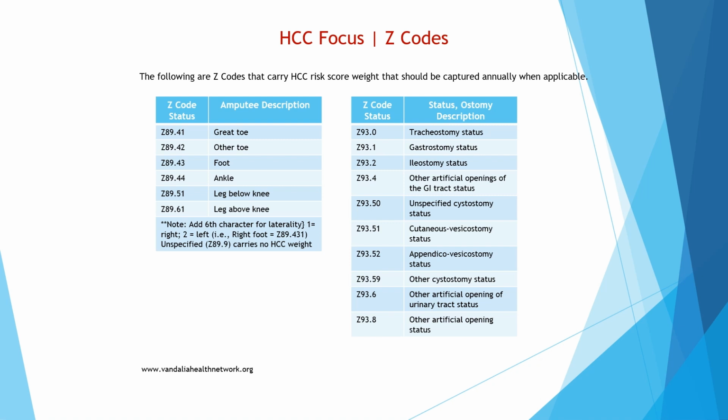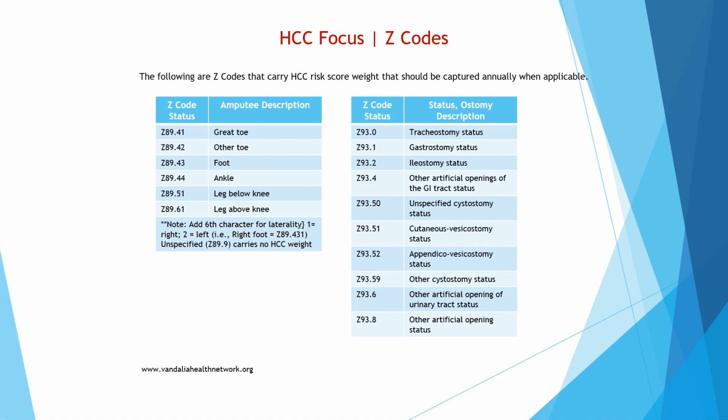Description is other artificial openings of the GI tract status. Z code status is Z93.50. Description is unspecified cystostomy status. Z code status is Z93.51. Description is cutaneous vesicostomy status.